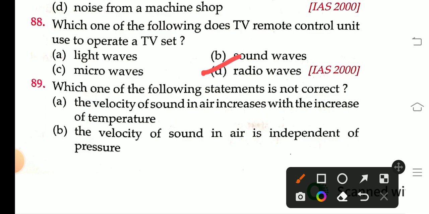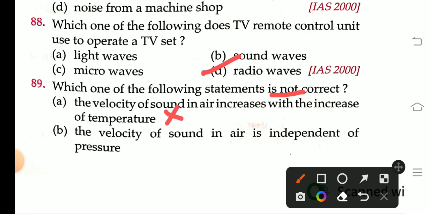Next, which one of the following statements is not correct? The velocity of sound in air increases with the increase of temperature.